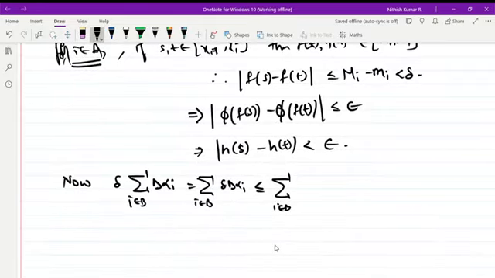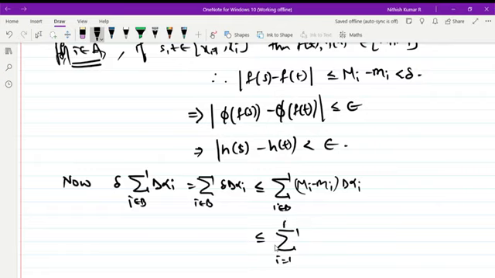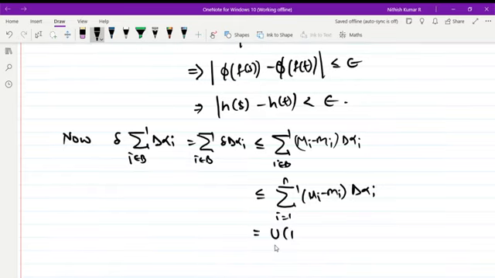Therefore this is less than or equal to the summation of capital Mi minus small mi times delta alpha i, and since B is a subset of 1, 2, 3, so on up to n, this is less than or equal to the summation from i equals 1 to n of capital Mi minus small mi times delta alpha i, which equals U(P, f, alpha) minus L(P, f, alpha).